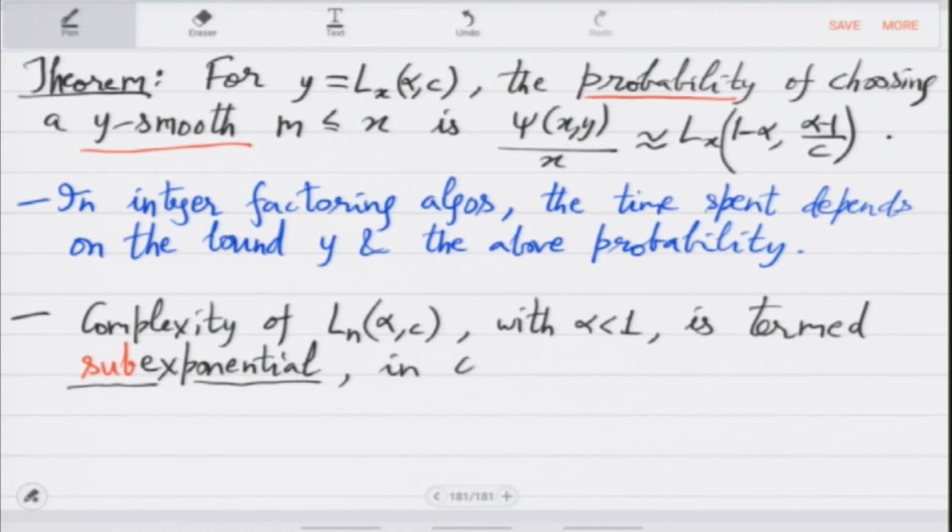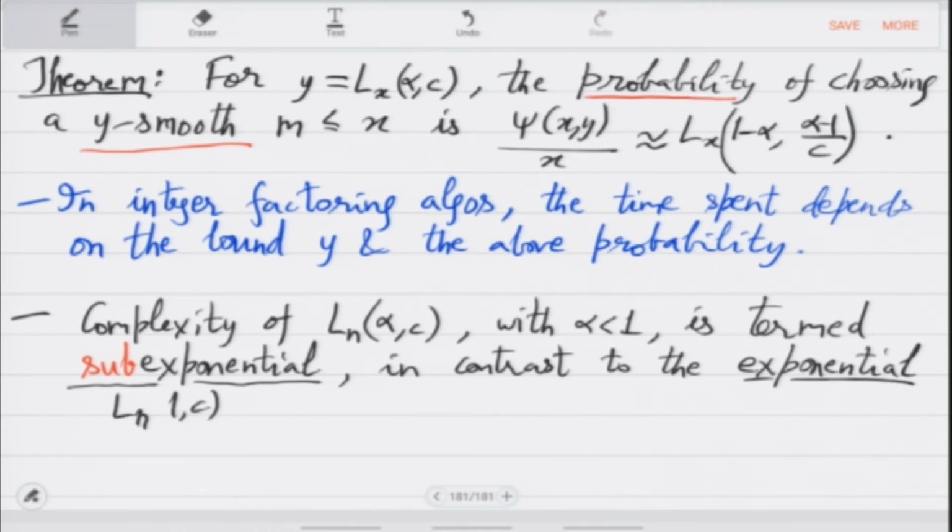To contrast with L_n(1, c). What is L_n(1, c)? L_n(1, c) is exponential in c times log n, right, which is n to the c.